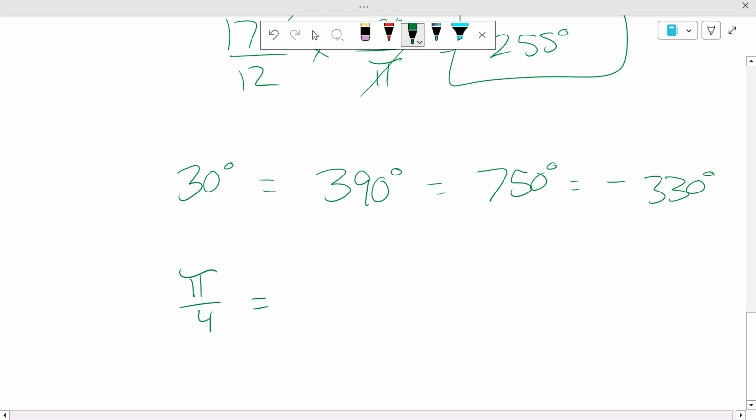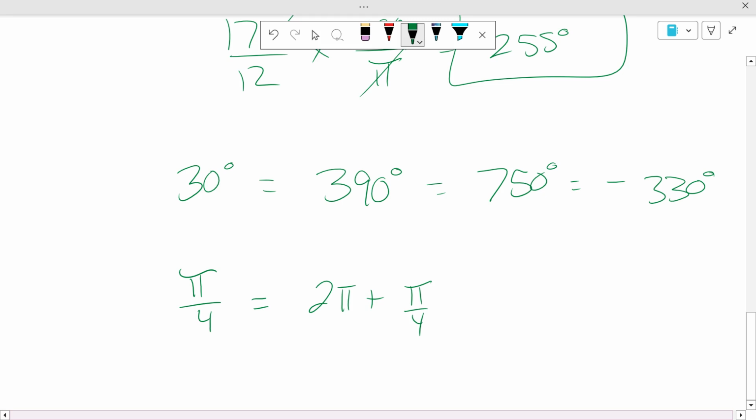So if 2 pi radians are in 360 degrees, then to be coterminal, you have to go how far? 2 pi, right? So you take 2 pi plus pi over 4.